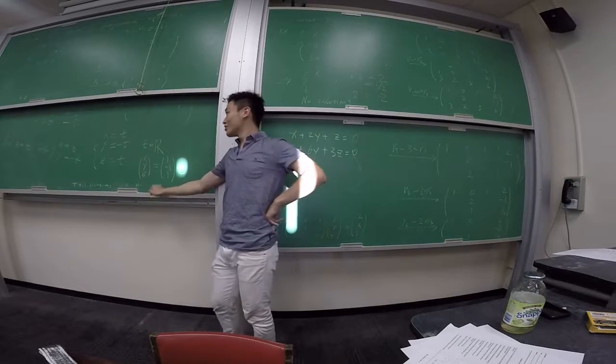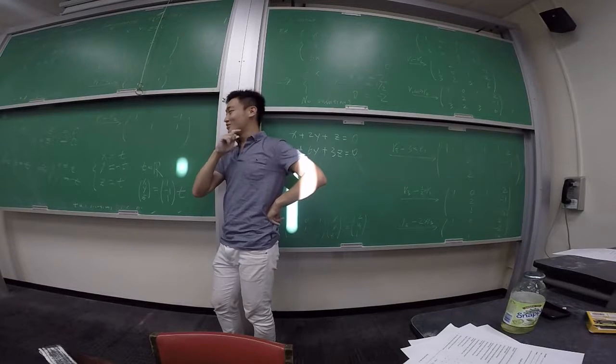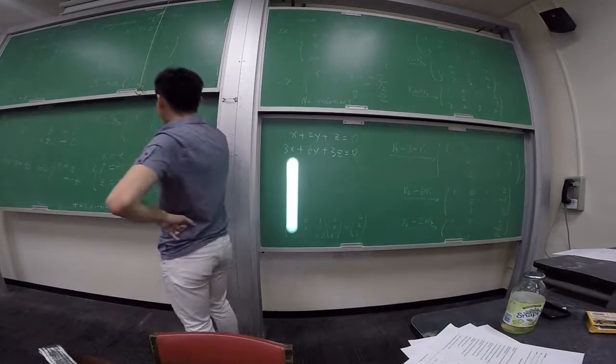Any other questions? Okay, look at why I let z equal to t. This is simply because of this column.